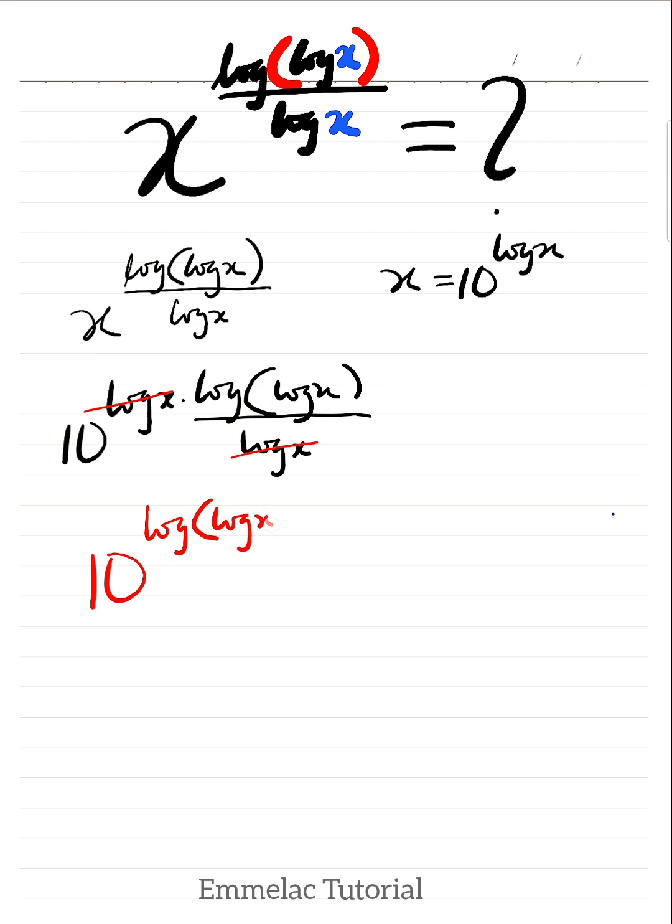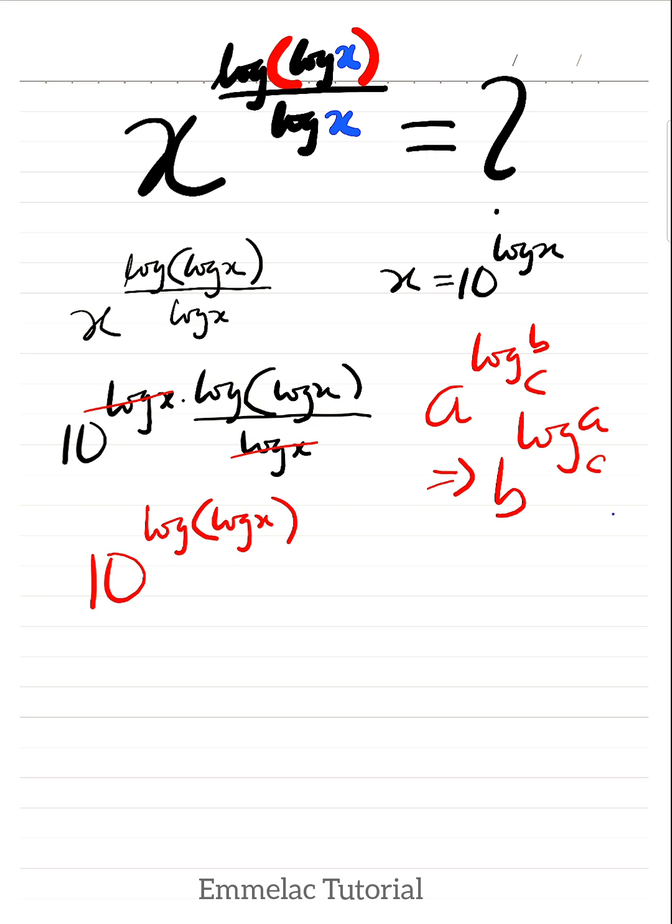Okay, so let's also take note that when you have a raised to log b c, this is also the same as saying b raised to log a c. Now let me use log 10.